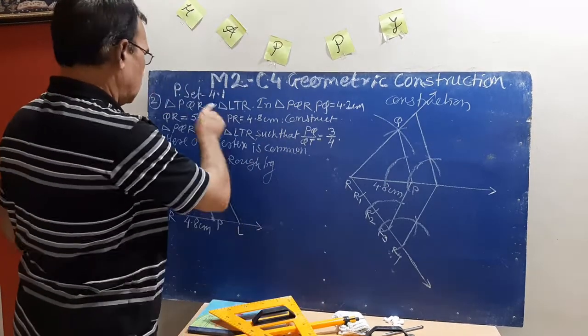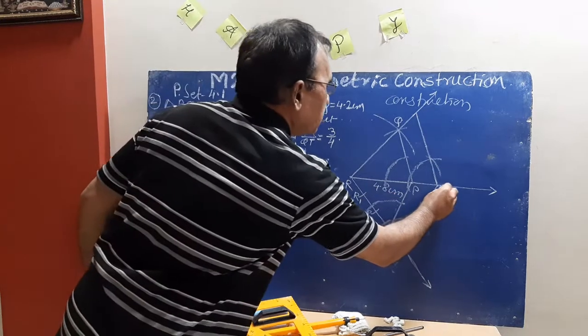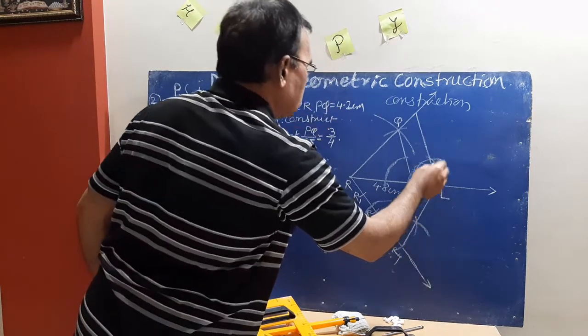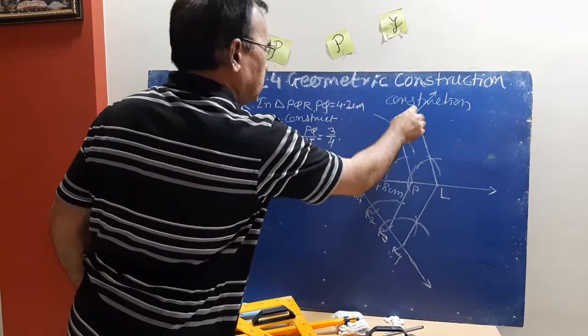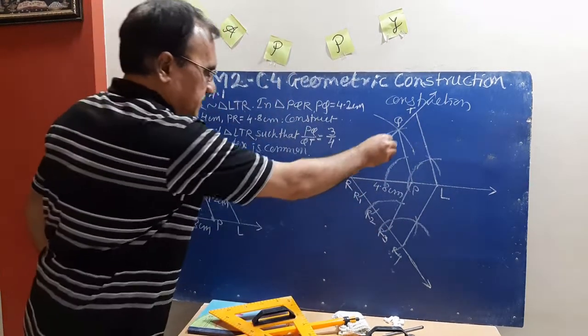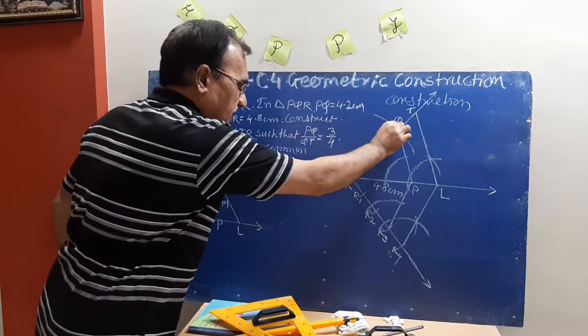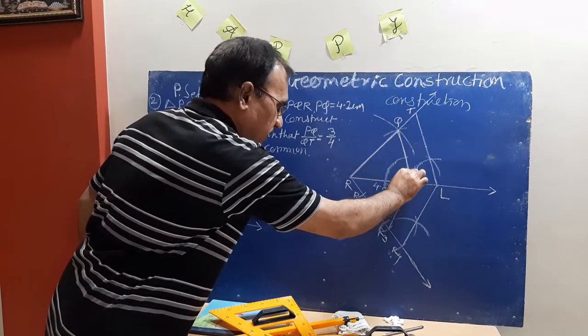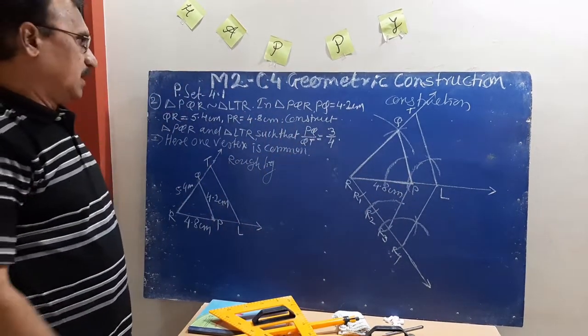Then P is in one-to-one correspondence with L. That means here is point L, here is point T, L, T, R. This is triangle PQR, the first one. We have to construct 2 similar triangles. This one is PQR, the first triangle.